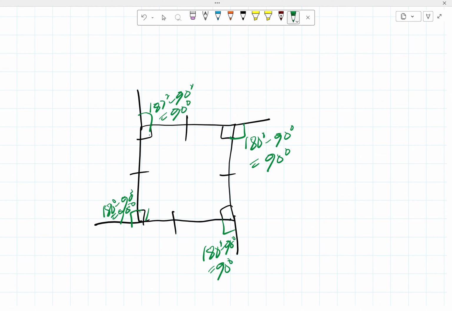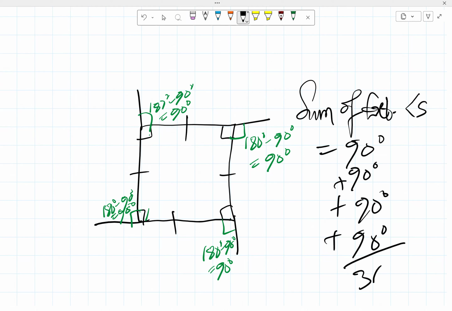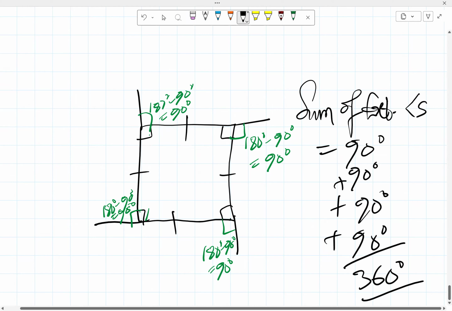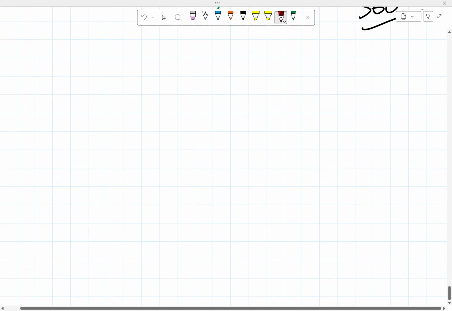So again, the sum of exterior angles will simply be 90 degrees plus 90 degrees plus 90 degrees plus 90 degrees. That is 360 degrees easily. Okay, so we move on to the next one, a regular pentagon.